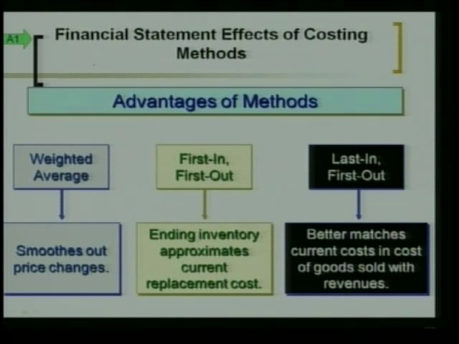Now, what if prices have gone down? Which do you think would give the lowest income tax expense? FIFO, okay? If prices go up, LIFO results in the lowest income tax expense. If prices are going down over time for some reason, then FIFO would. Follow that? You can read in your book about that as well.